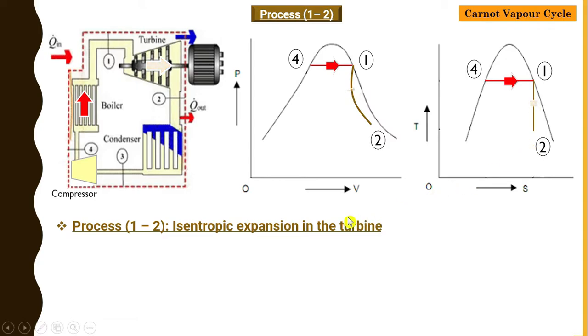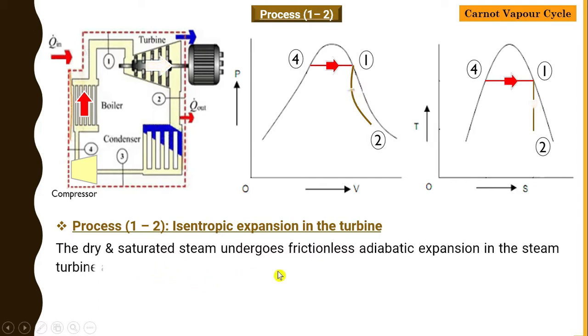Now let's see in detail. The dry and saturated steam undergoes frictionless adiabatic expansion. So at one point dry and saturated steam will be there, that will expand adiabatically. So there is no heat rejection. Here we are neglecting the friction.